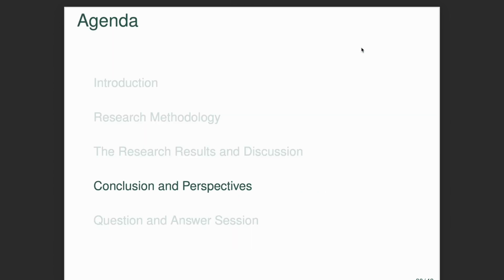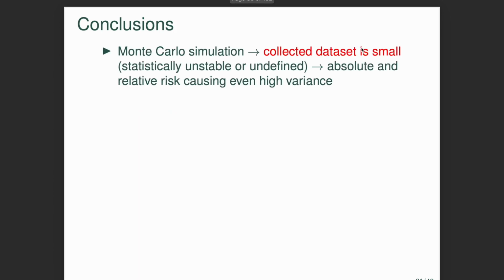Now I'll draw conclusions and future perspectives. We employed Monte Carlo simulation because the data set we collected was small and statistically unstable, with some failure scenarios leading to undefined and highly variable risk estimates due to division by zero or near-zero denominators.